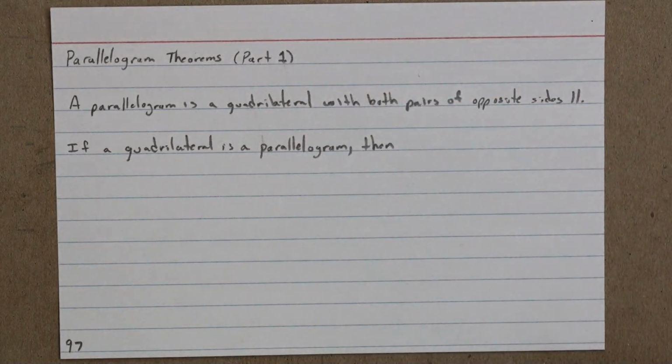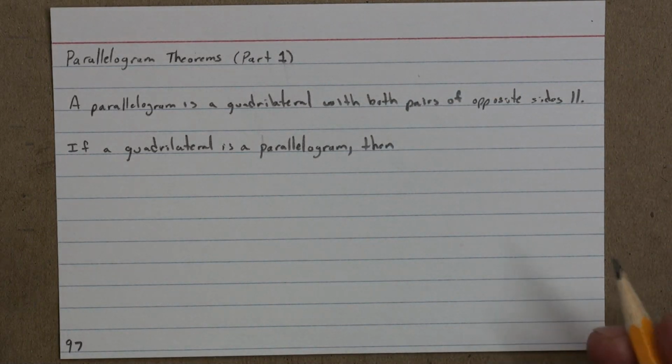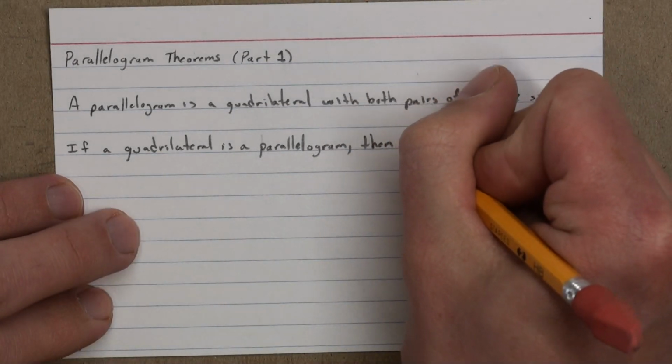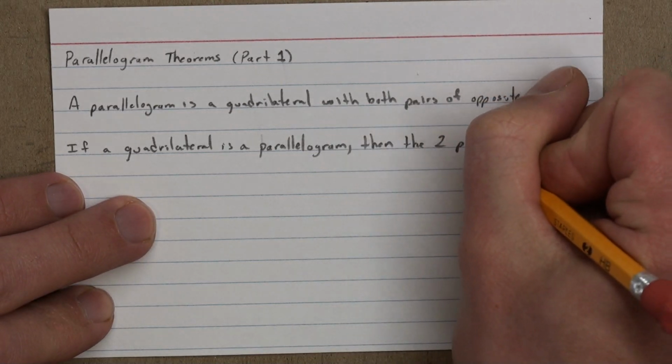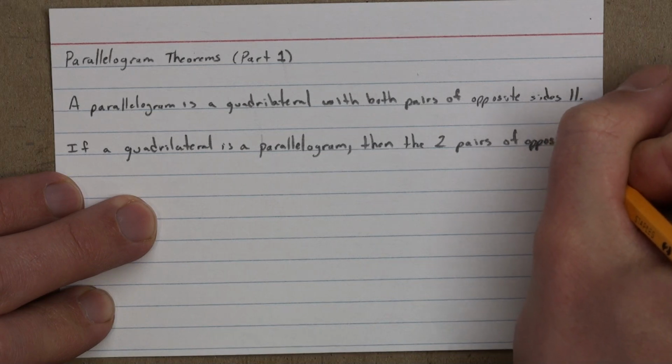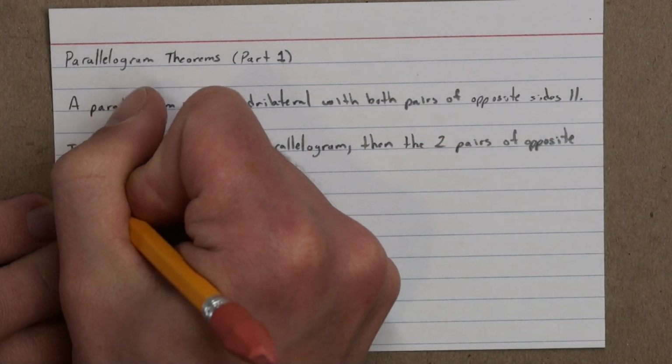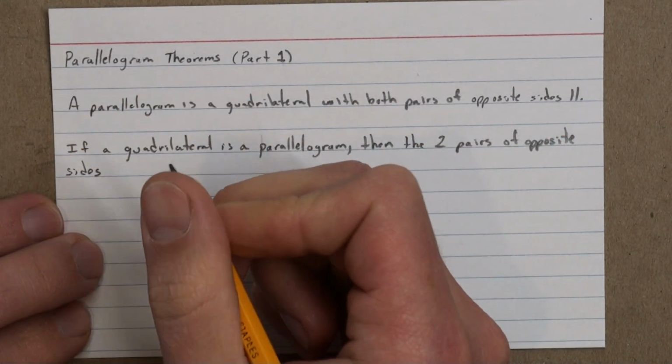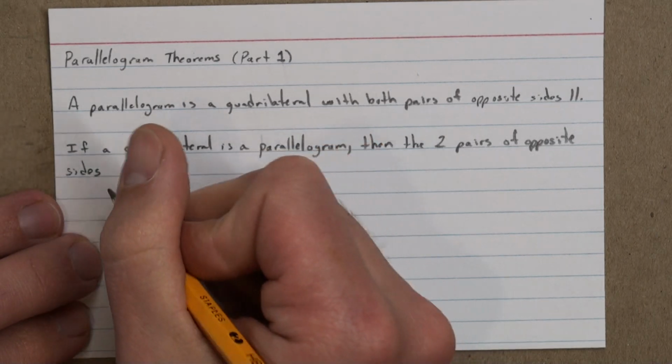then the 2 pairs of opposite sides are congruent.